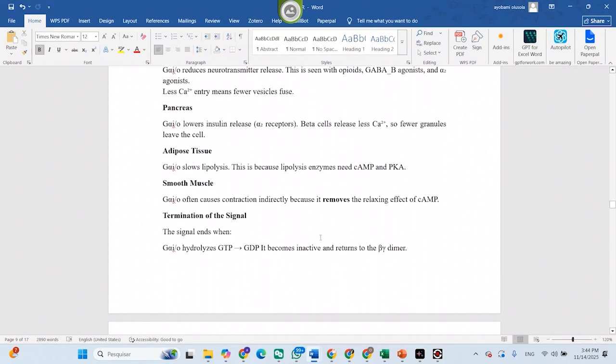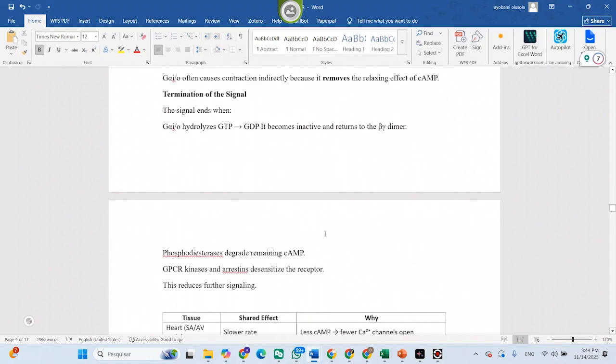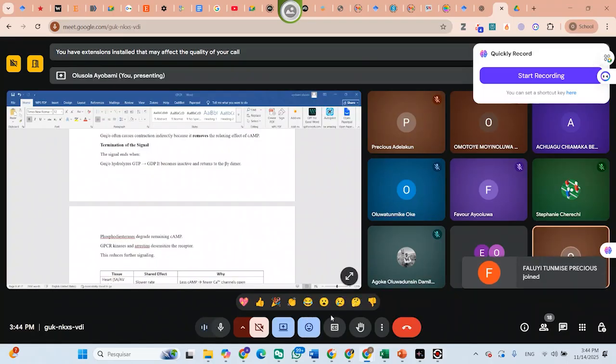So how is this signal going to be terminated? It's the same way as in G-alpha stimulatory. There's an intrinsic activity of the G protein. That intrinsic activity is a GTPase activity. And like we said, that is going to remove phosphate. And once it dephosphorylates, GTP becomes converted into GDP, and this can terminate this signaling.